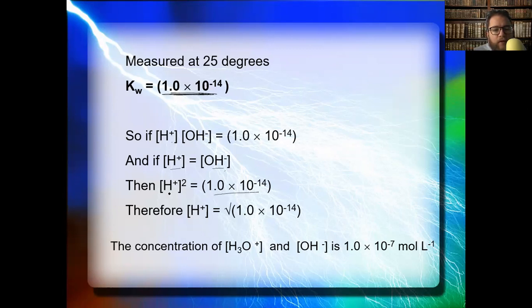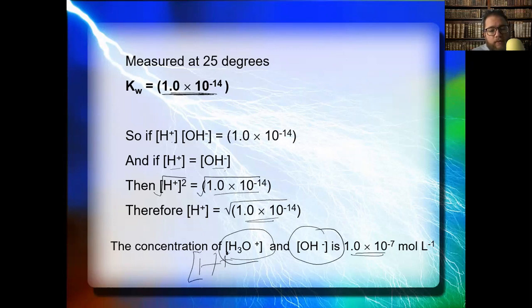So if you want to find the H plus concentration, take the square root of both sides. Square root that and square root that. And that will give us the H plus concentration being the square root of 1 by 10 to the minus 14. And when you calculate that out, you get 1 by 10 to the minus 7. So that is the concentration of the OH minus ions, or the H3O plus, which is another way of writing the H plus concentration.